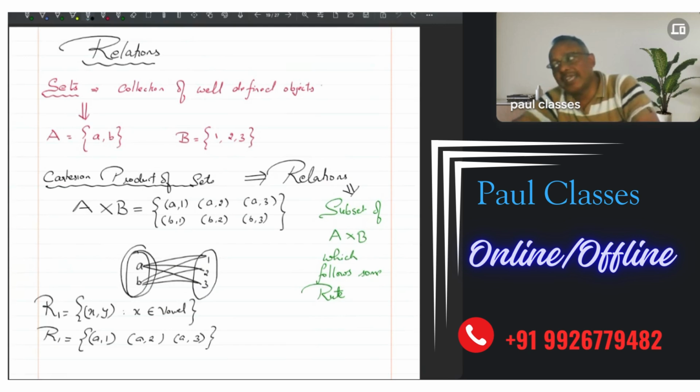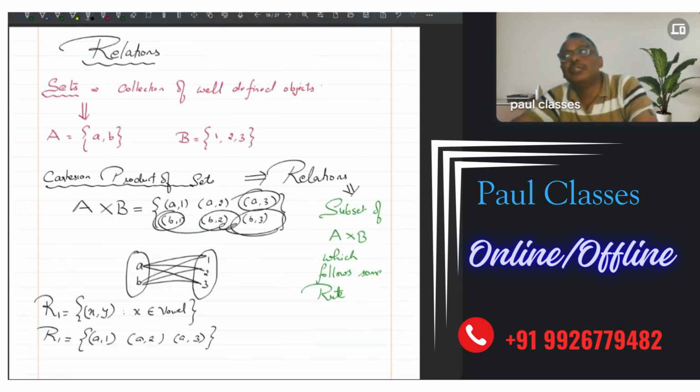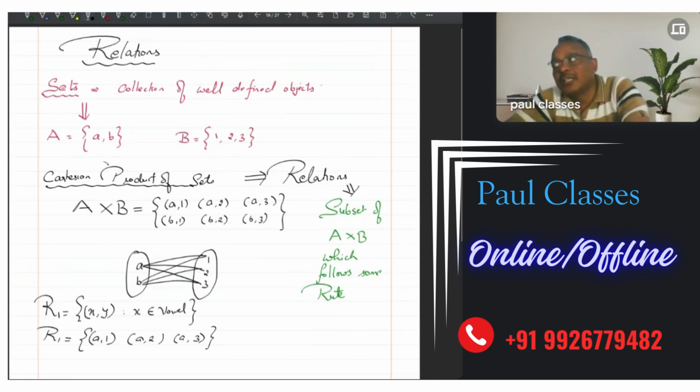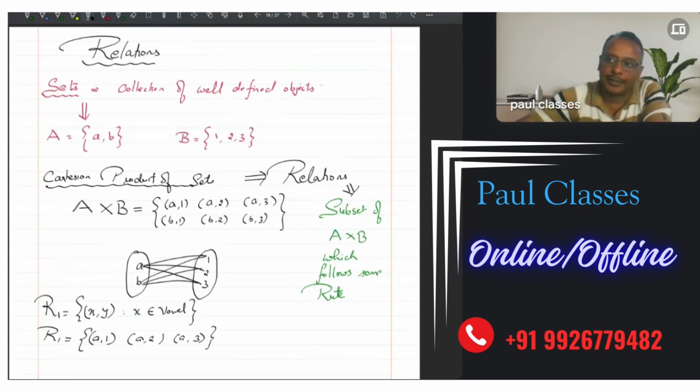Suppose set A has a, b, and set B has 1, 2, 3. There can be one connection as a1, a2, a3, b1, b2, b3. This is the maximum number of connections that can be made between two sets. The total possible connections that you can make is called the Cartesian product.